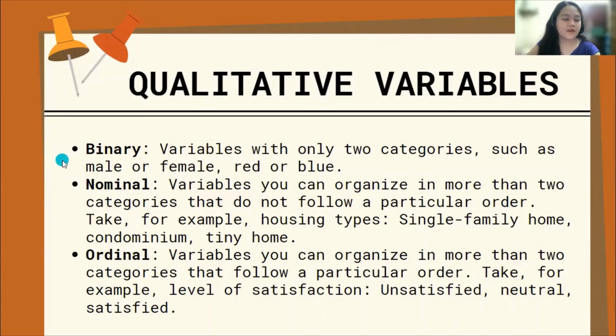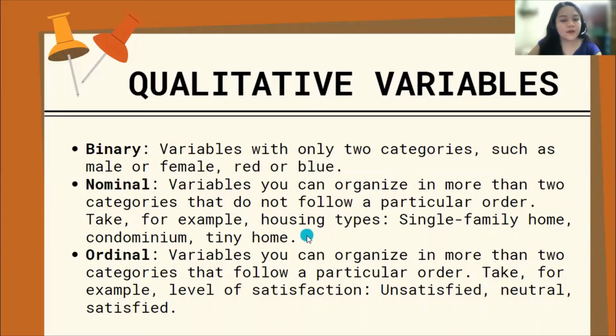Binary variables have only two categories, such as male or female, red or blue. So binary variables under qualitative variables has only two categories, from the word bi, which is two. Nominal variables you can organize in more than two categories that do not follow a particular order.